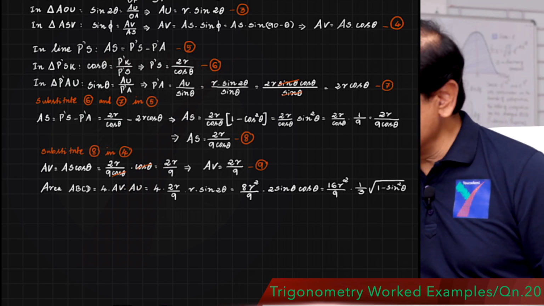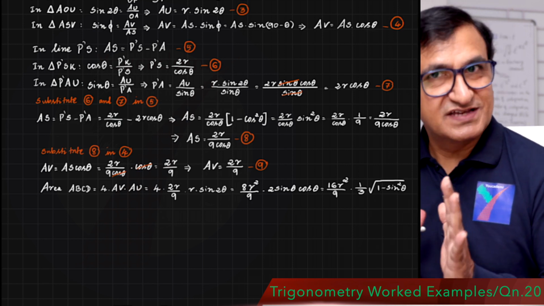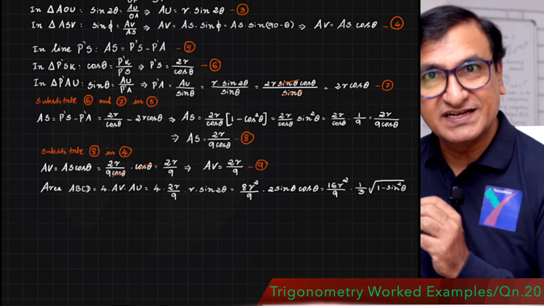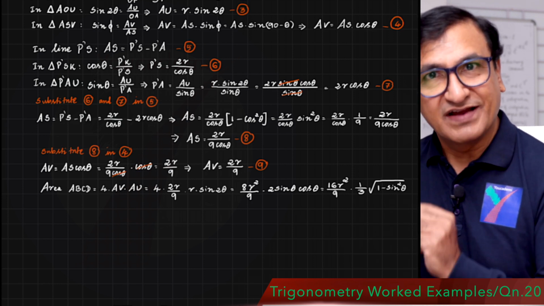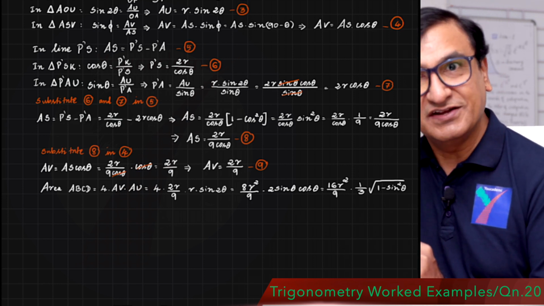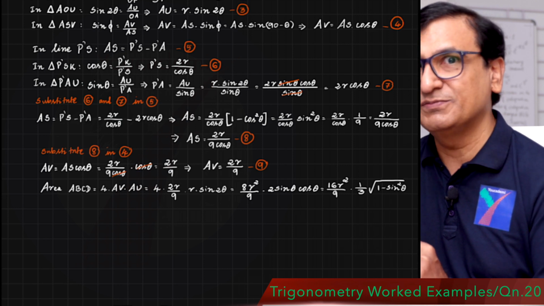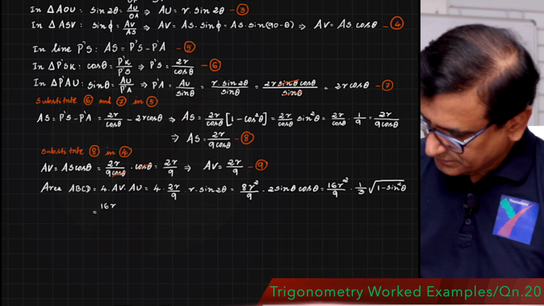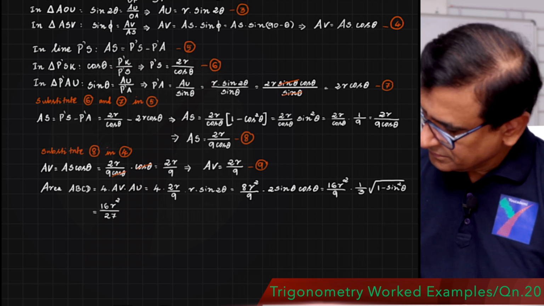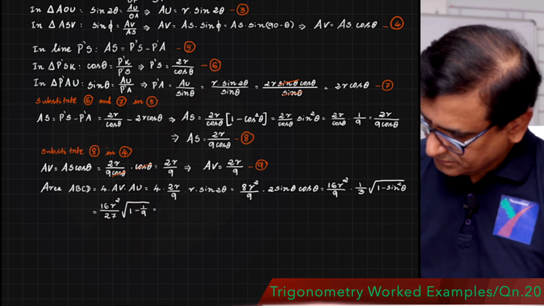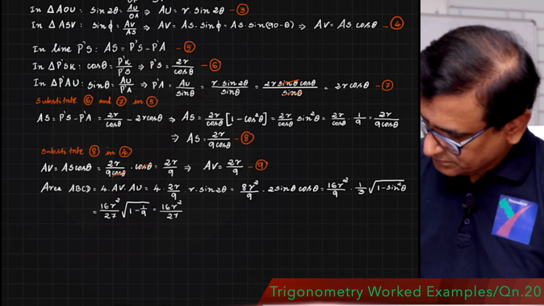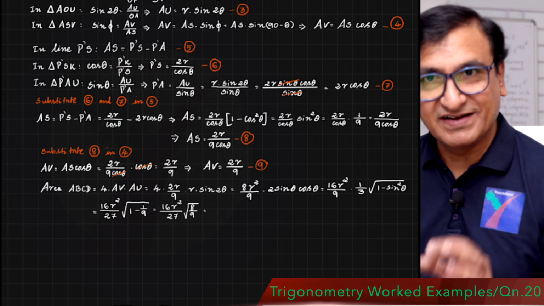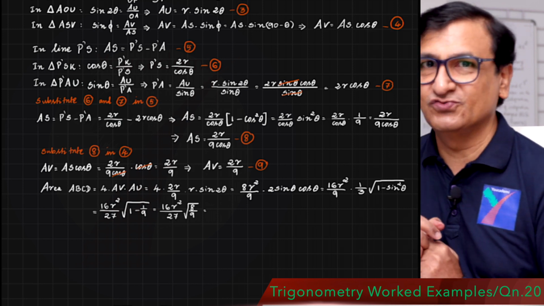Okay, so sine theta is 1 by 3. So 1 minus sine square theta would be 1 minus 1 by 9. And I'm going to take 9 as common denominator and write it as 9 minus 1, 8. 8 divided by 9, that is square root of 8 divided by 9. Now, square root of 8, I can write it as square root of 4 multiplied by 2.